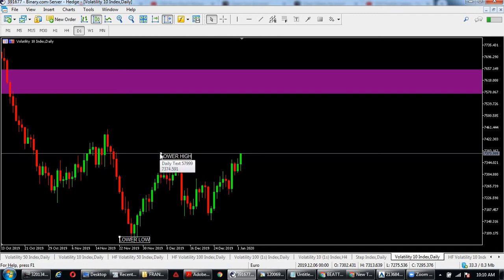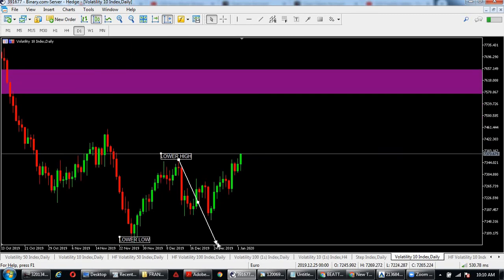And for price to still be respecting the downtrend, we would have expected price to come and now make a new low that is lower than the most recent low. We would have expected price to come and make a lower low, but price did not do that.